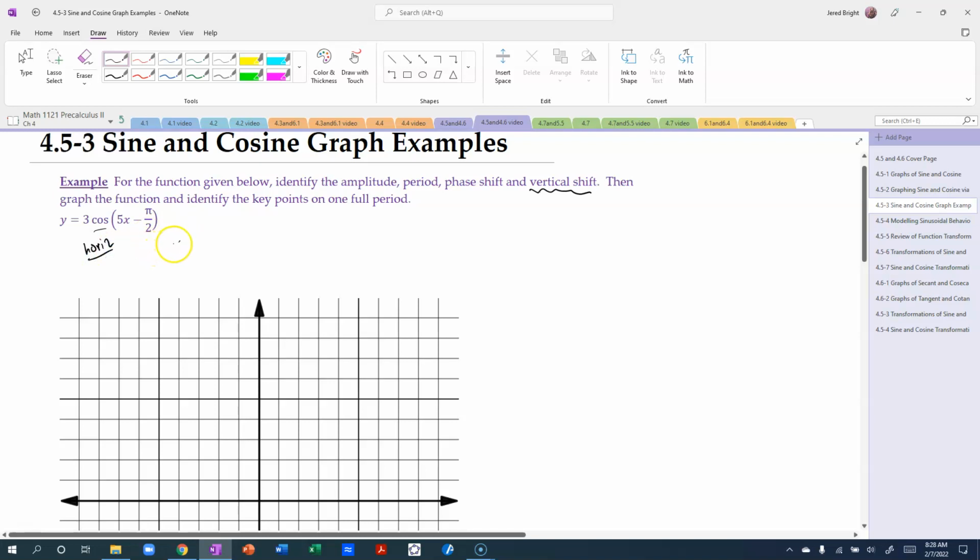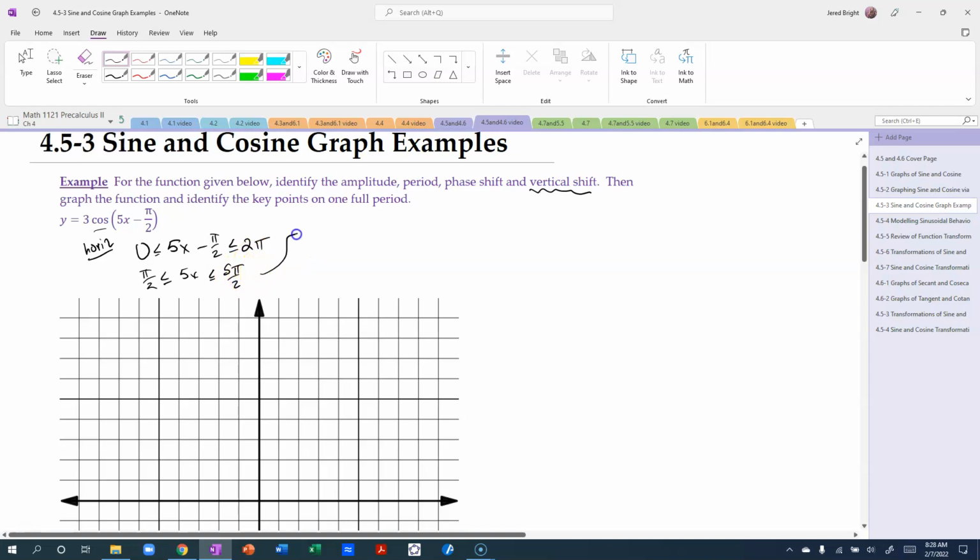And so I take the input of cosine, so 5x minus pi over 2, and sandwich that between 2 pi and 0, and then solve for x. So add pi over 2 to all components. And so this becomes 5 pi over 2, and then divide all parts by 5.